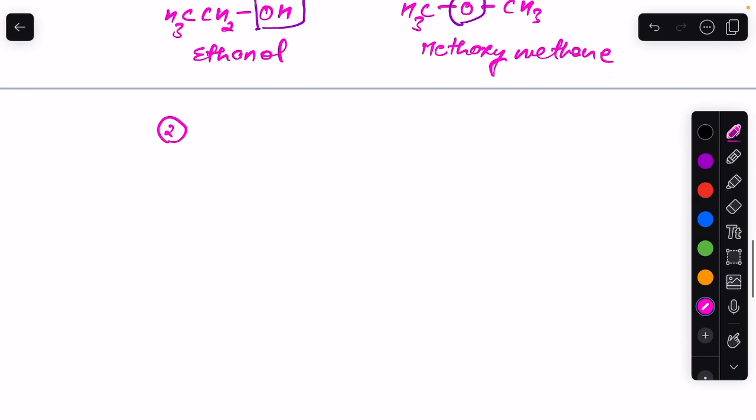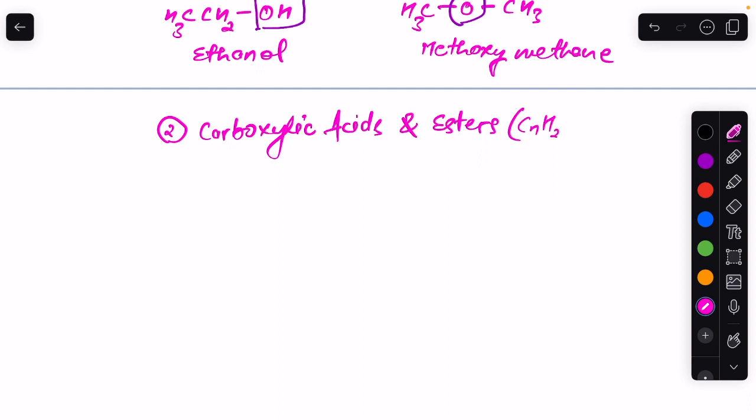Next one is carboxylic acids and esters. The general formula would be CnH2nO2. We need not learn the general formula, whereas it will be easier to write down 2 different isomers if we know the general formula.